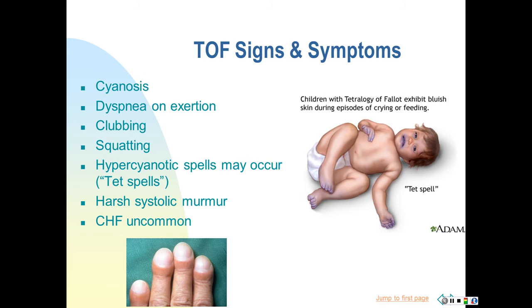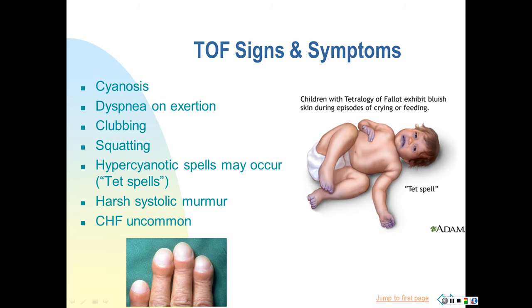So one of the things that we will do, if they're babies, we will do it for them. It's called a knee chest position, where we literally bend their knees and put their knees to their chest. If they're toddlers or older and they would still have this, I've seen this when I've gone on mission trip to a third world country where these kids are older and they start to get blue, they will squat.